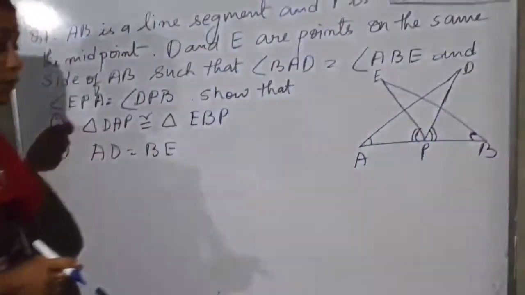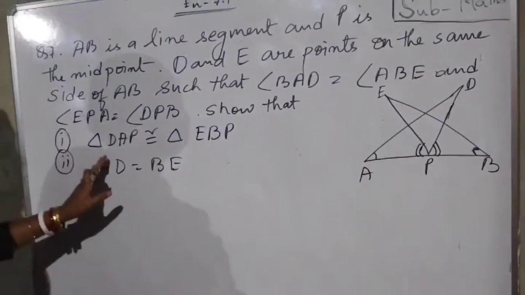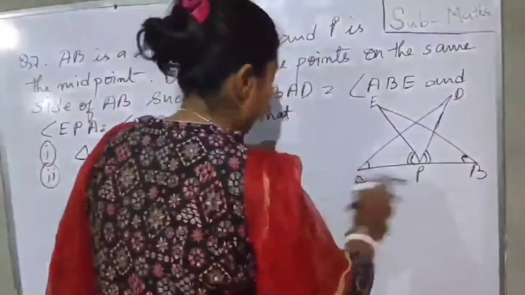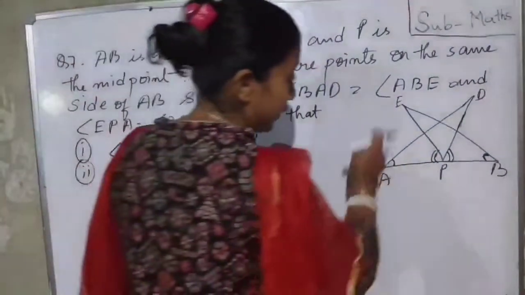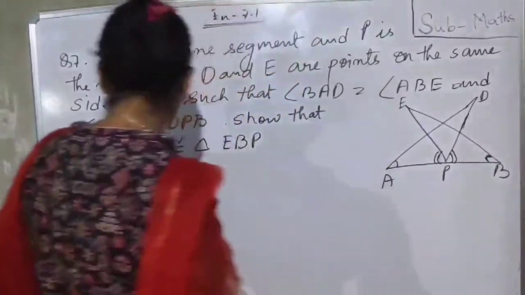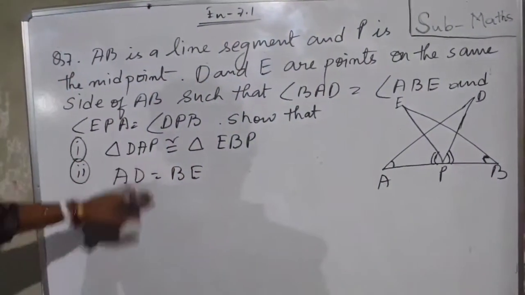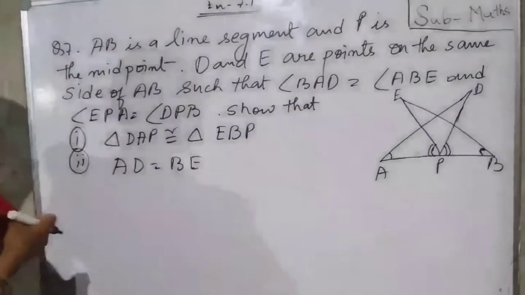This is given. You have to show that triangle DAP is congruent to triangle EBP, and after it is congruent, we have to show that AD equal to BE.